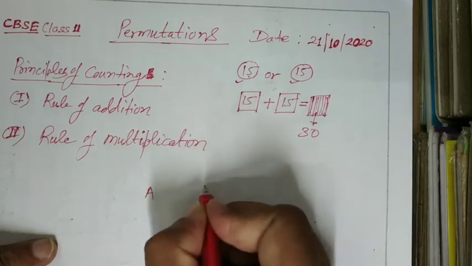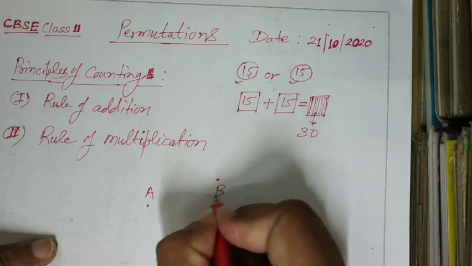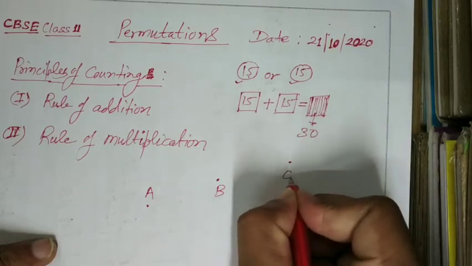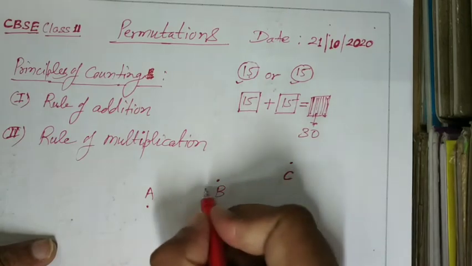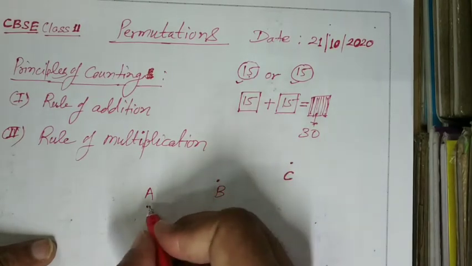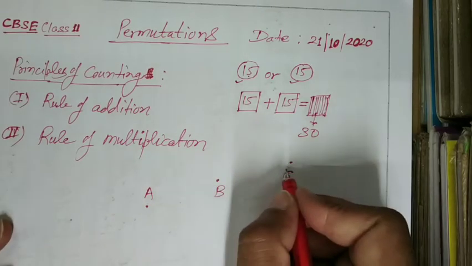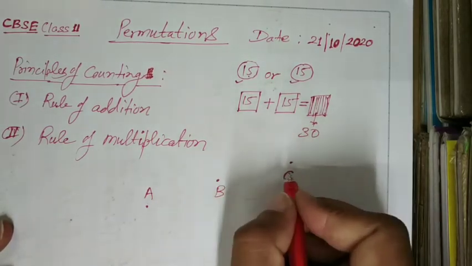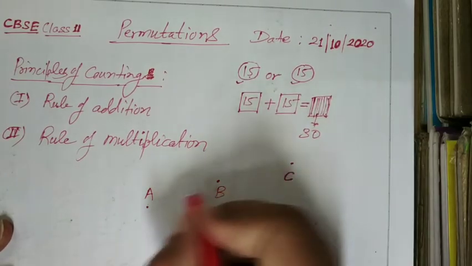Suppose there are 3 places A, B and C, and you have to go from A to C via B. That means you cannot go directly from A to C; you have to go first from A to B and then from B to C. So what are the ways to reach from A to C?